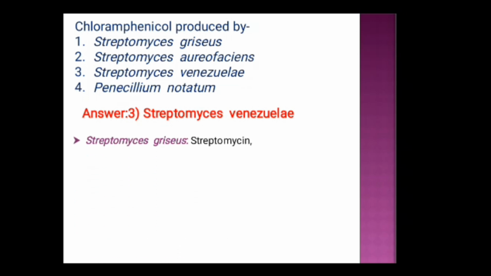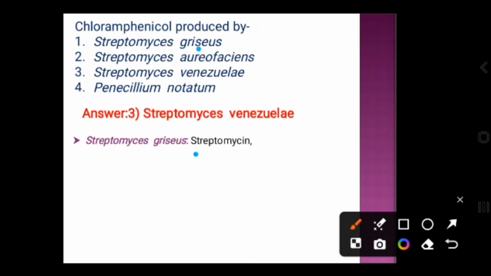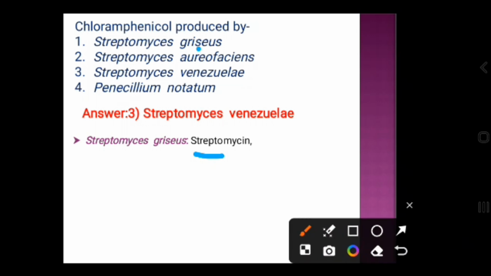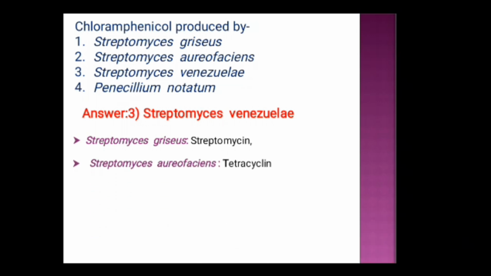Now, Streptomyces griseus produces streptomycin. Next is Streptomyces aureofaciens, which produces tetracycline. Penicillium notatum produces penicillin, that was discovered by Alexander Fleming.